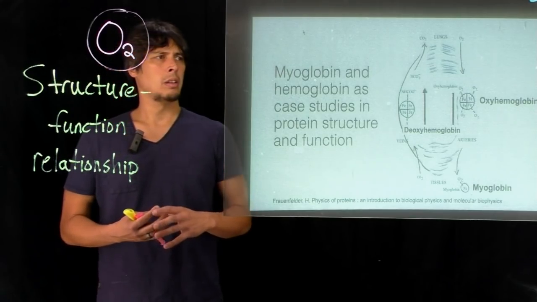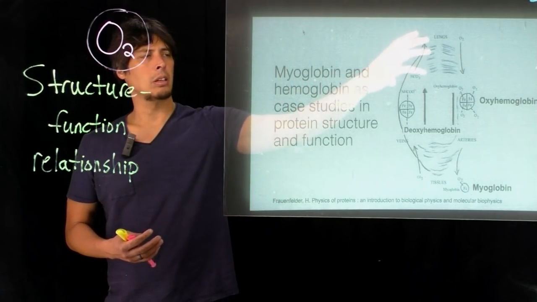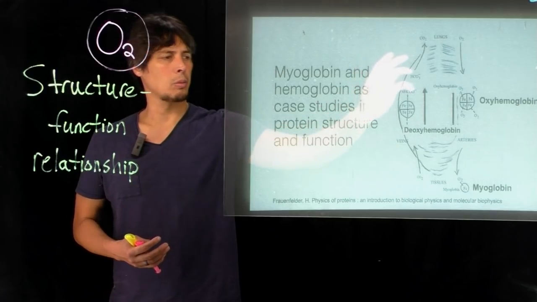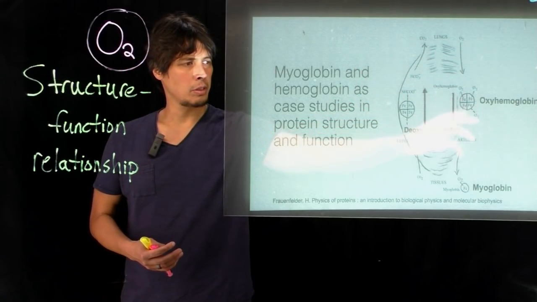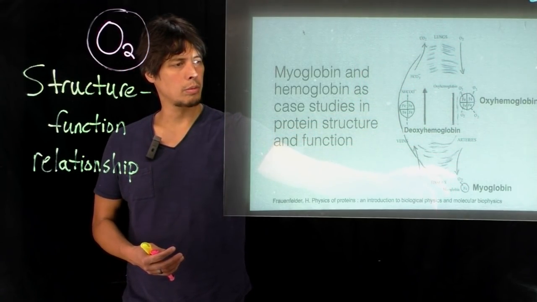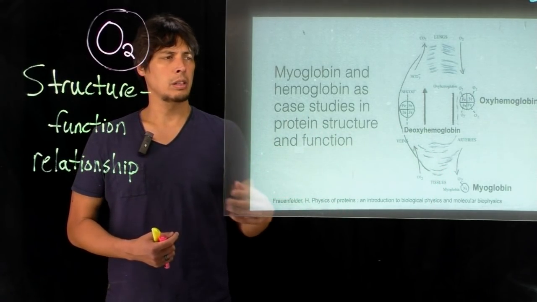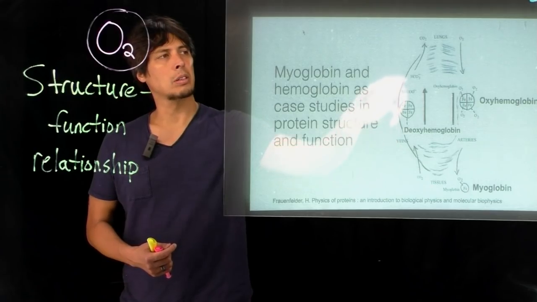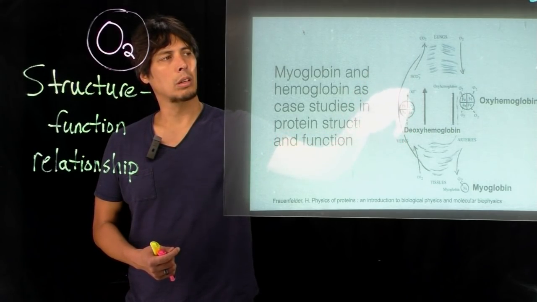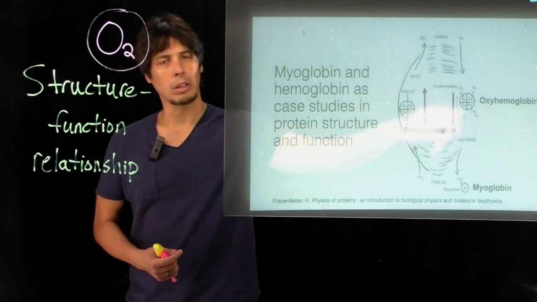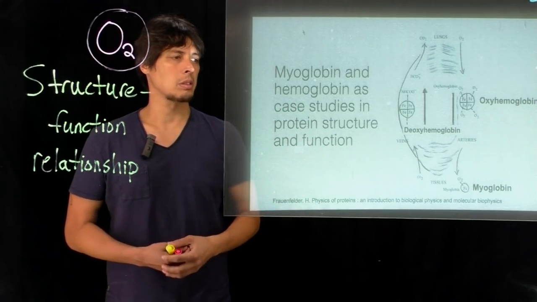O2 uptake happens in the lungs, as seen in the slide on the right. This is delivered to different tissues where O2 is now released, and then the blood returns and picks up more O2. This is the blood circulation system.